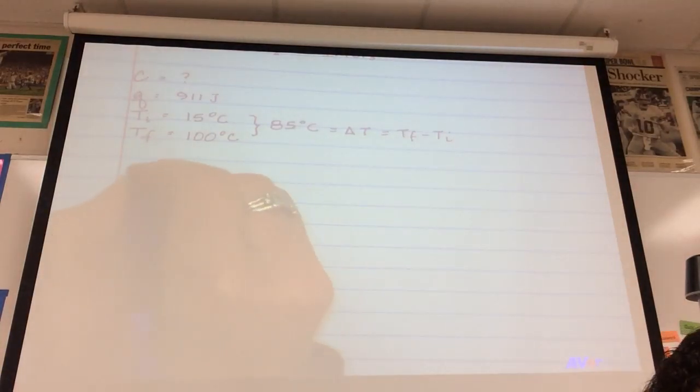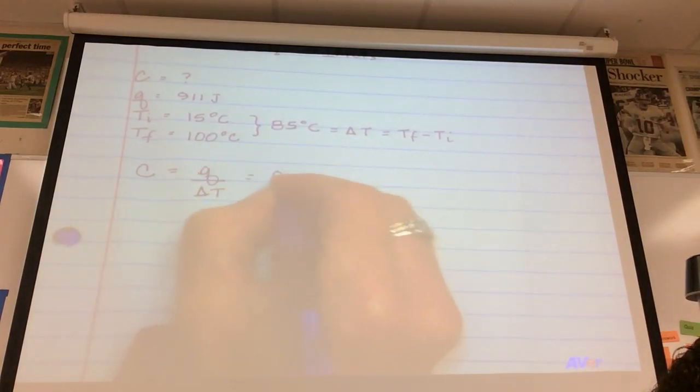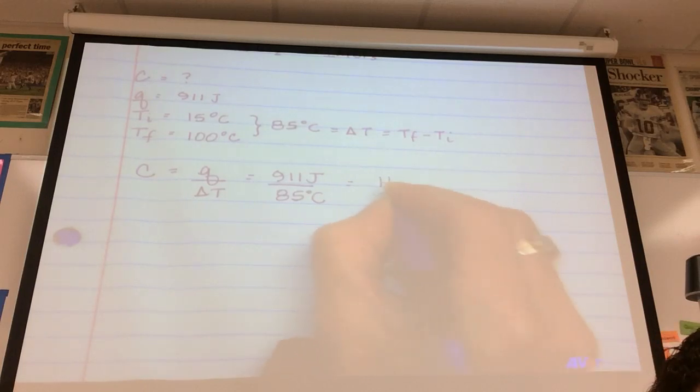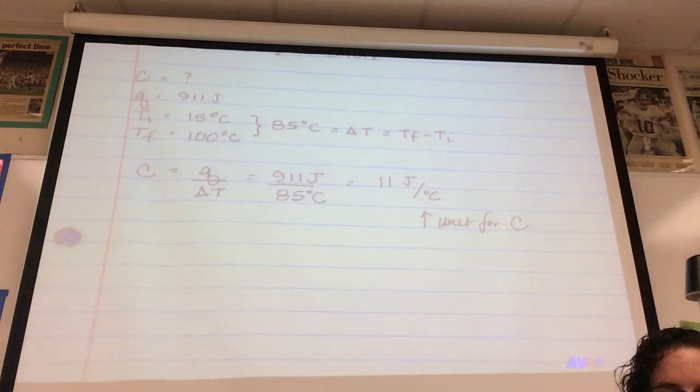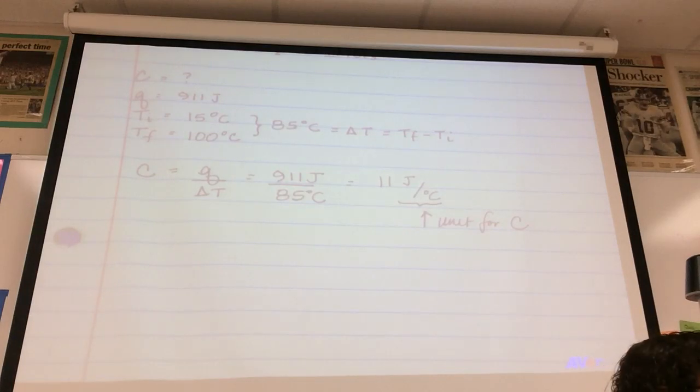We know that the heat capacity is equal to Q over delta T, and that's going to be 911 joules over delta T, 85 degrees Celsius, and that's going to be 11 joules per degree Celsius. So note the unit for heat capacity, capital C, and that unit is joule per degree Celsius.